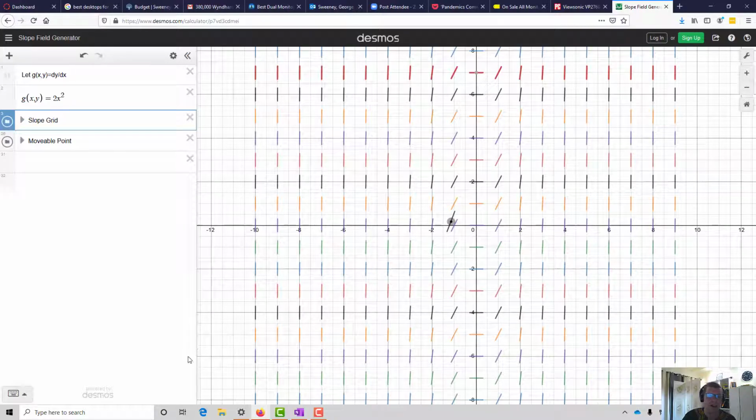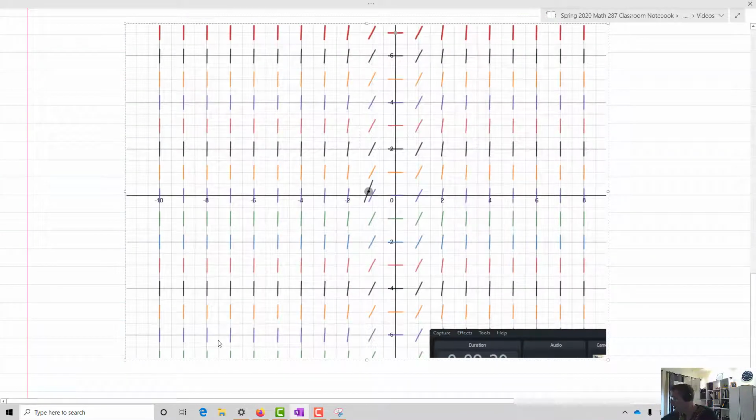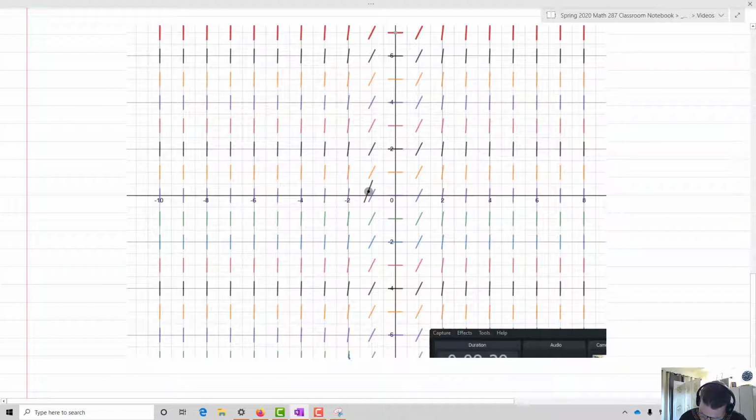Let's actually talk for a moment about solution curves on this particular graph. So now we're taking a look at our slope field, and let's just imagine that we follow a curve. I put these in my notes so it's a little more static. If I start here at this point, and as I increase in terms of x, my slope is going to increase, increase, increase, increase.